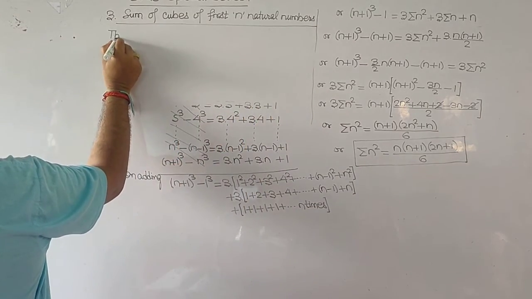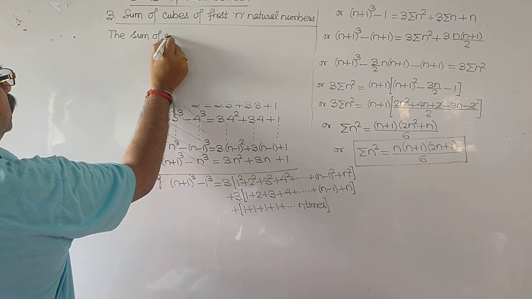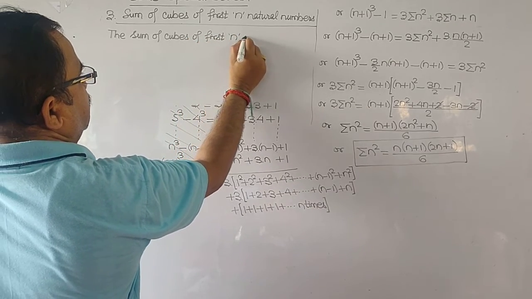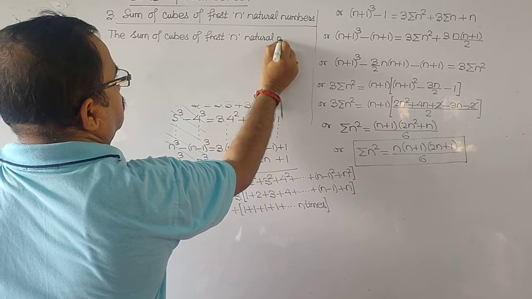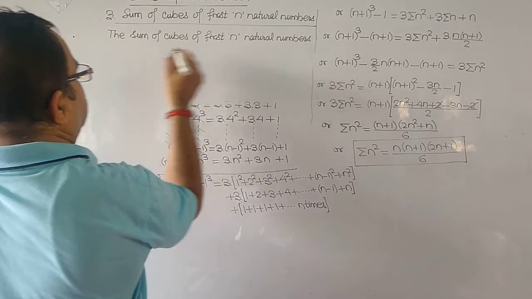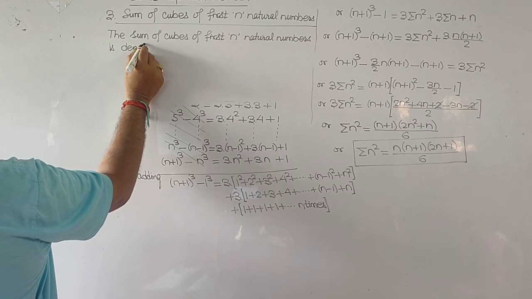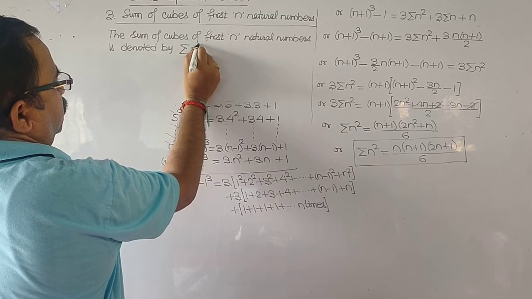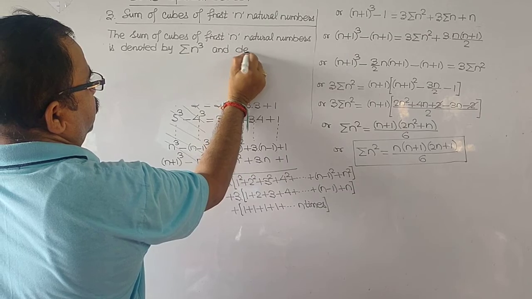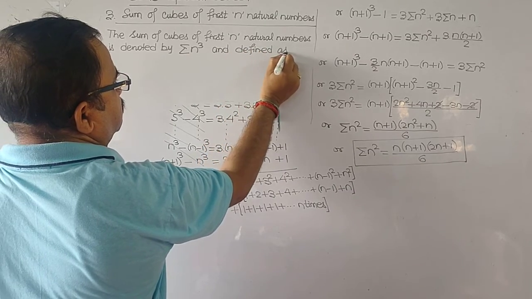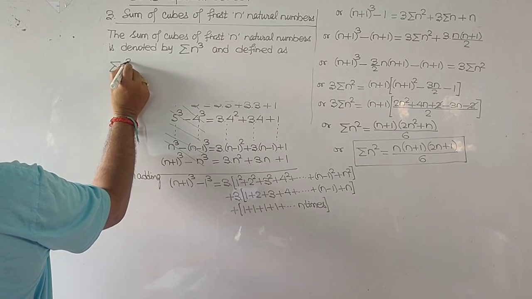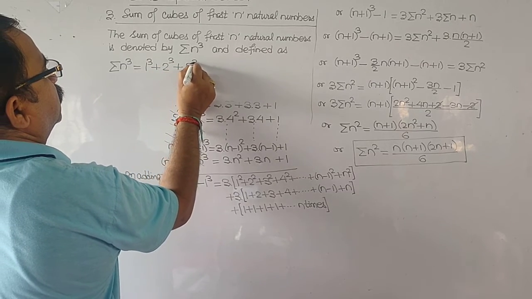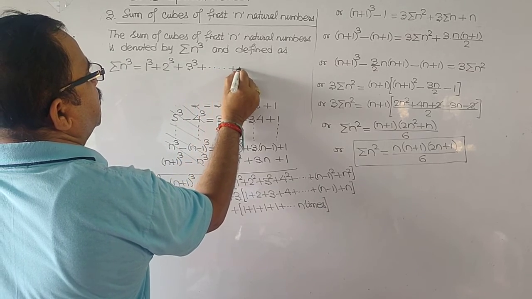The sum of cubes of first n natural numbers is denoted by summation n cube and defined as summation n cube equal 1 cube plus 2 cube plus 3 cube plus and so on plus n cube.